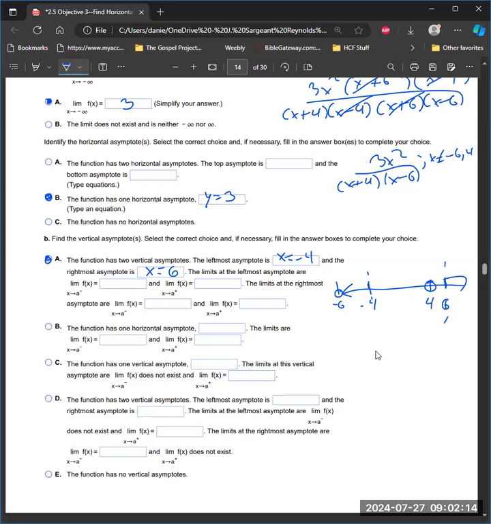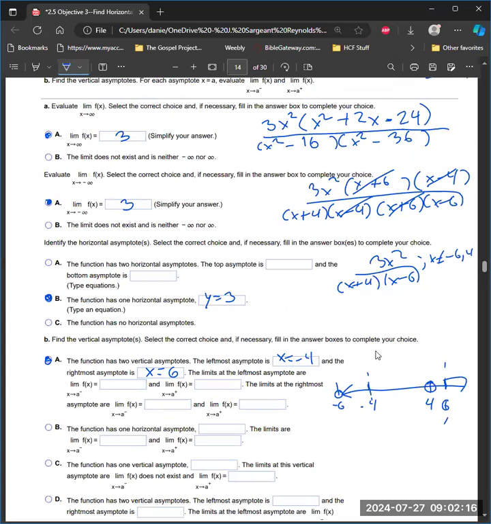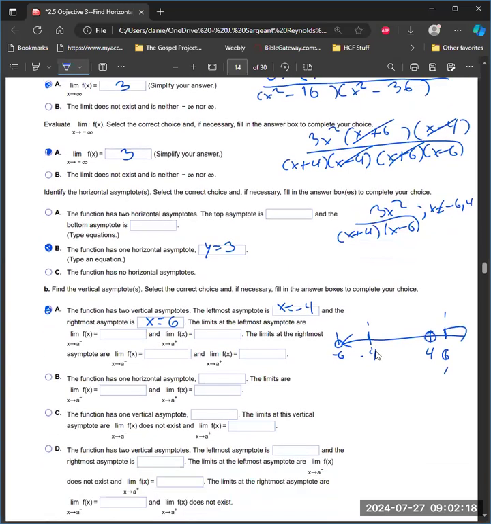And if I look at the factors here, let's just look at something to the left of -4, like -5. That's all I care about, because I care about this behavior from the left of that. That's positive over negative times negative. That's going to be positive, going to positive infinity.